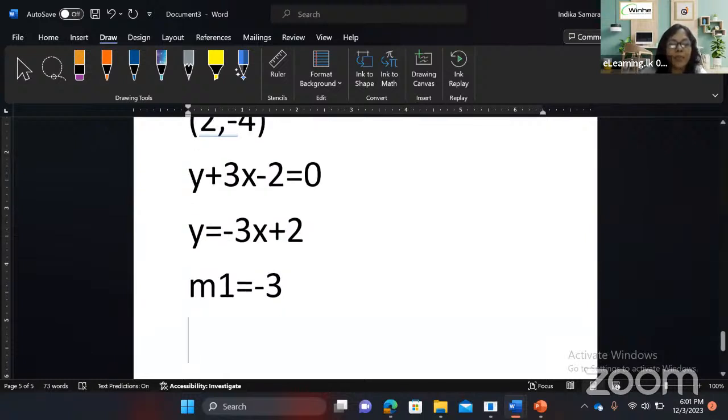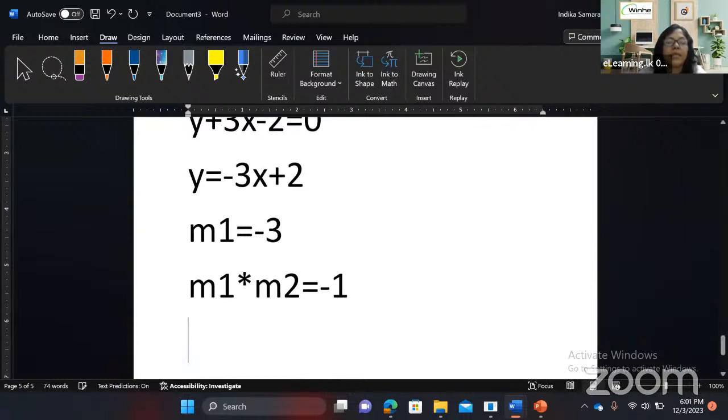If the line is perpendicular to this one, and we assume the gradient of the other line is m2, then m1 times m2 should be equivalent to minus 1. We know m1 is minus 3, so minus 3 multiplied by m2 is equivalent to minus 1.